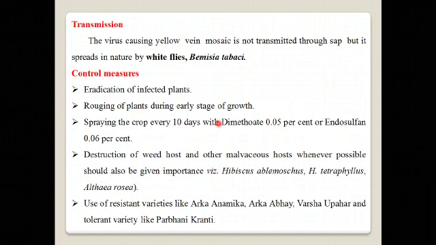So you know about the etiological parts of this DNA virus. So this DNA virus is seen in bhendi crops. The DNA is a monopartite satellite virus having single stranded DNA nucleic acid.